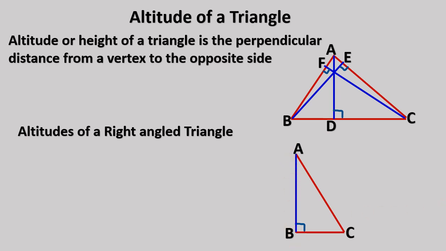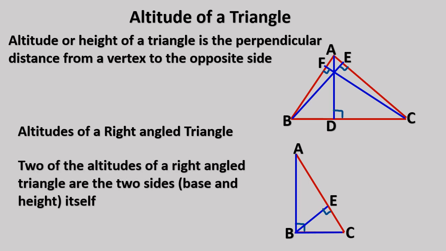Yes, AB itself is the altitude. Now B to AC, 90-degree. What about C to AB? CB itself. So that means two of the altitudes of a right angle triangle are the two sides themselves. The base and height are the altitudes of a right angle triangle.